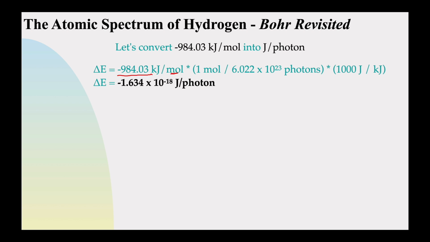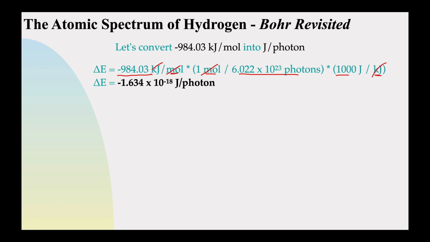Now, mole is in the bottom. A mole is 6.022 times 10 to the 23rd. So mole on the bottom cancels mole on the top. You'll have kilojoule per photon if you do this first part. And then to turn kilojoules into joules, a kilojoule is 1,000 joules. That cancels out the kilojoules.